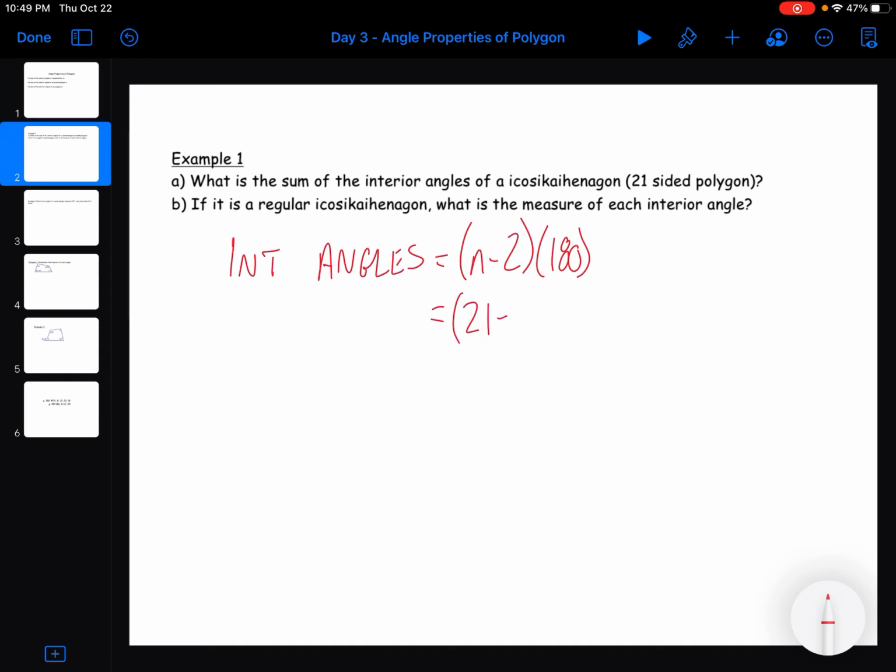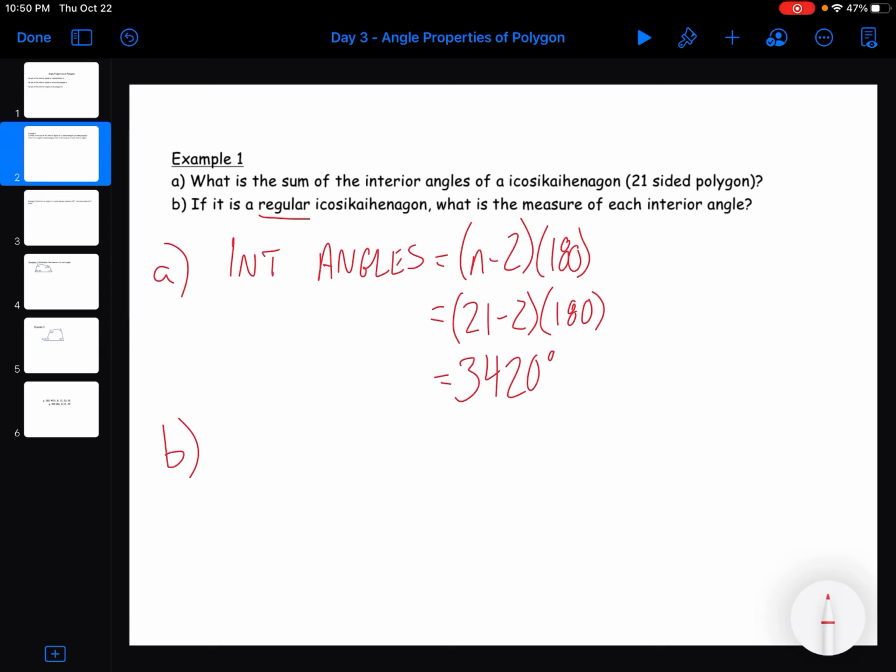Well, that's going to be 21 minus 2 times 180. And 21 minus 2 is 19, and 19 times 180 is going to give us 3,420 degrees.